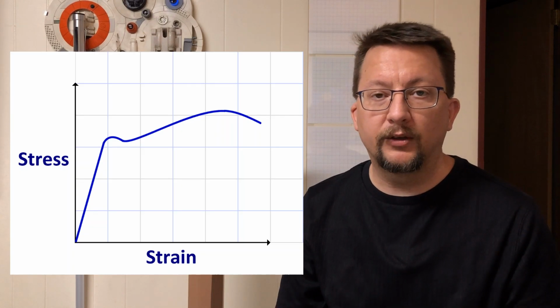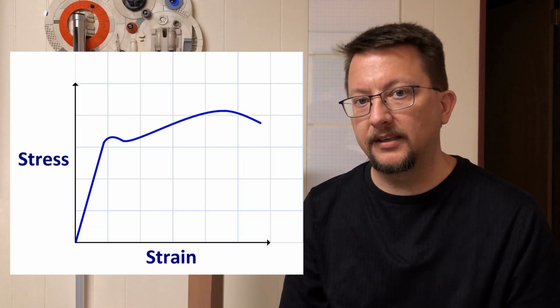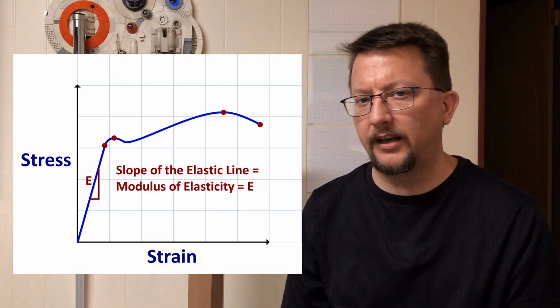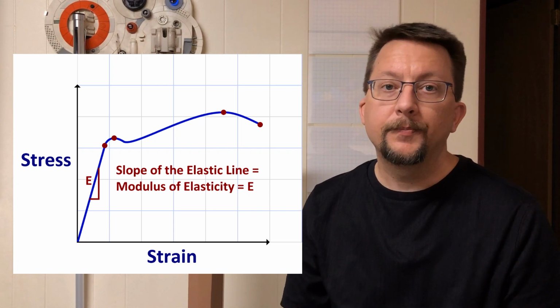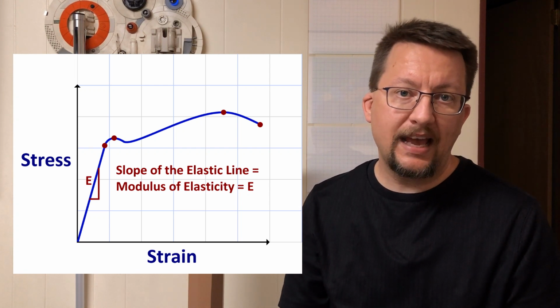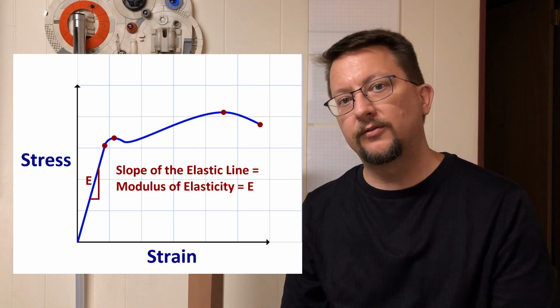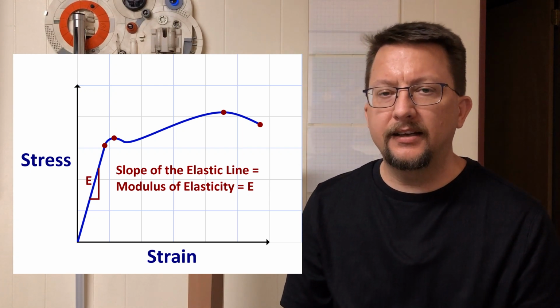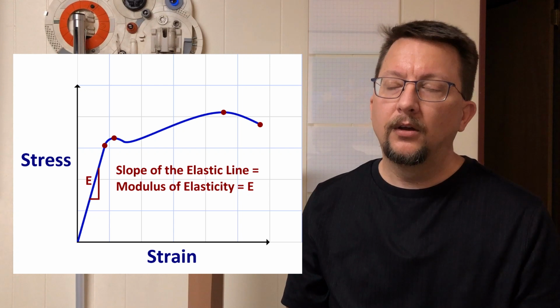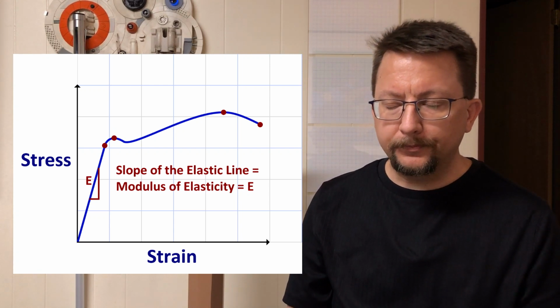The first one we're going to look at is the modulus of elasticity. That's basically the slope of that first straight section of the curve. So how much stress it will take to give it a certain amount of strain. There's a lot of engineering formulas that use the modulus of elasticity, also called Young's modulus.